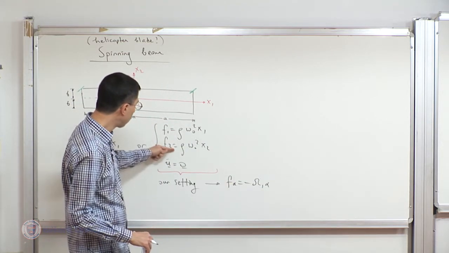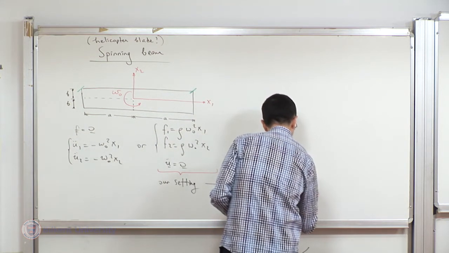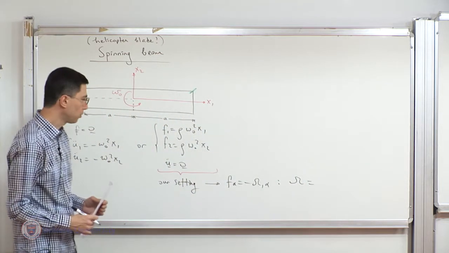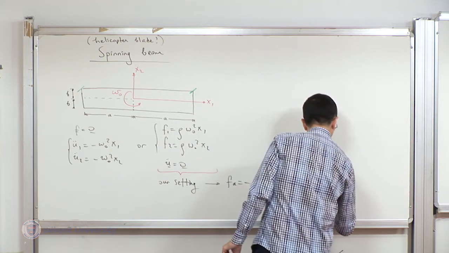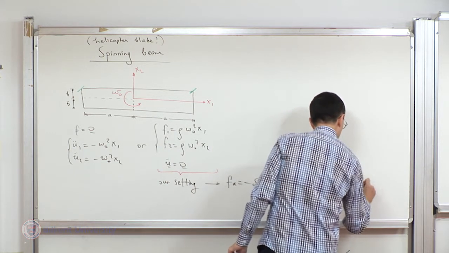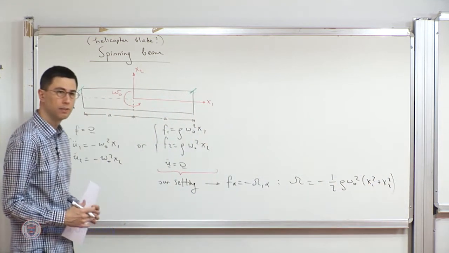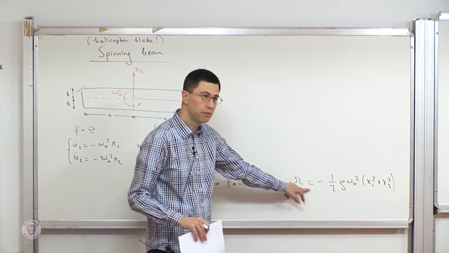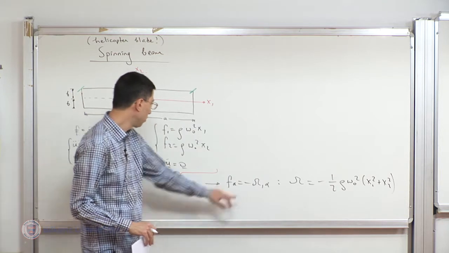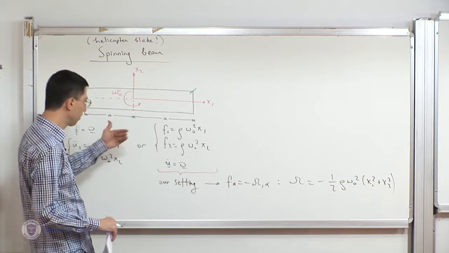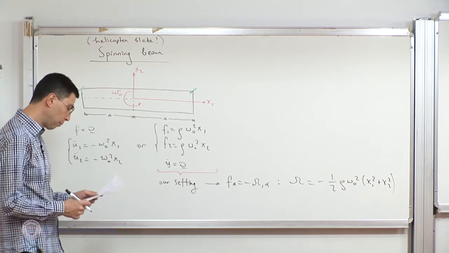So since this is the force that I have, I can find out easily that the potential that delivers these forces is 1/2 rho omega naught squared (x1 squared plus x2 squared). If I take the derivative of this with respect to x1, I get minus rho omega naught squared x1 with a minus sign, that term. Likewise for F2. Okay? So that's the potential, and we will need that potential.